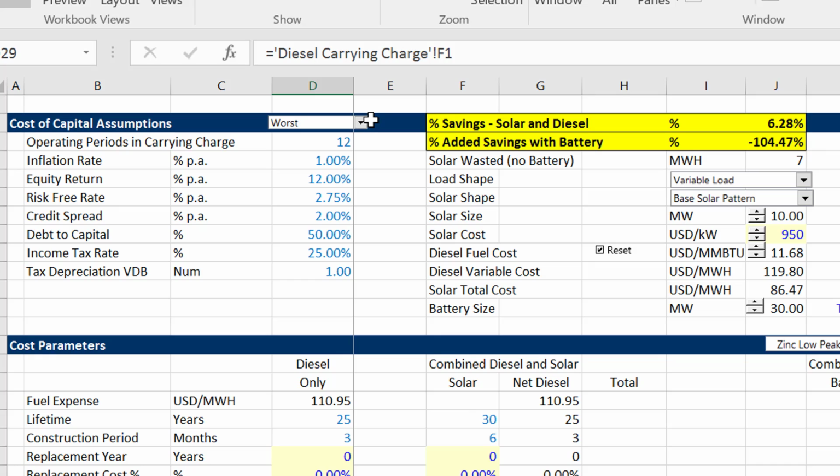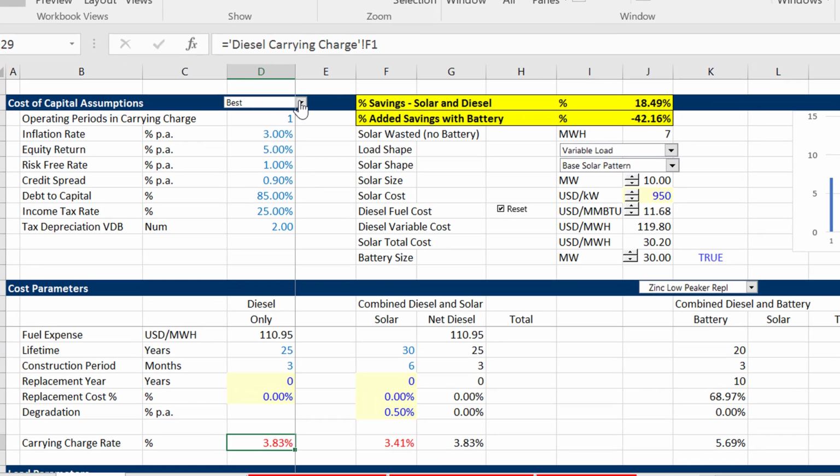And look at the difference in the carrying charge rates between the best case, which gives you 3%, and the worst case, which gives you 12%. And if we put those two differences in, we get 6% savings in the really bad case, and we get 18% savings from putting solar in.